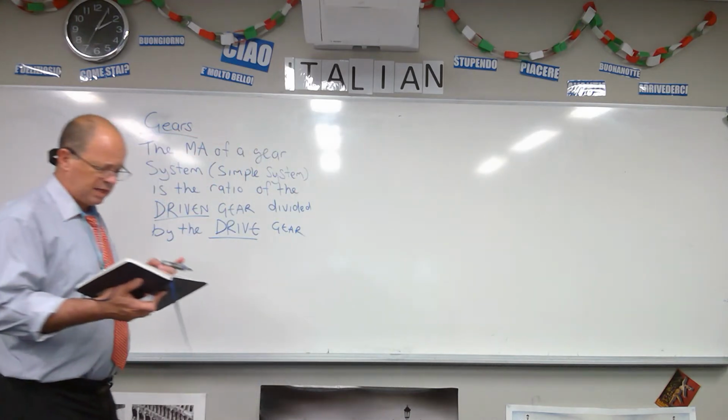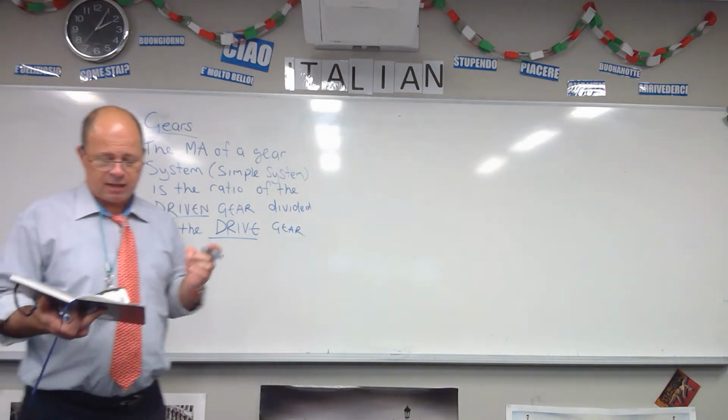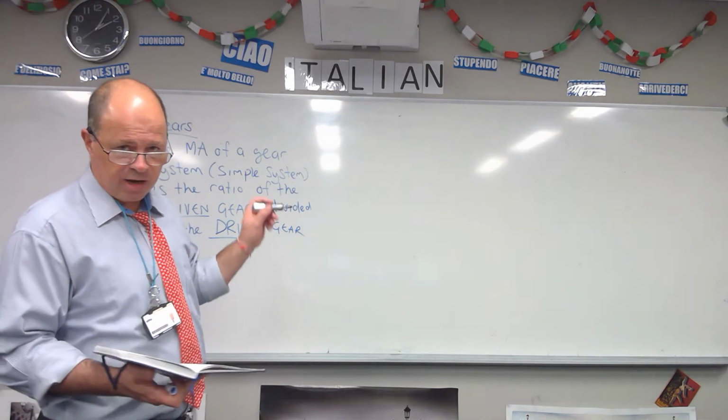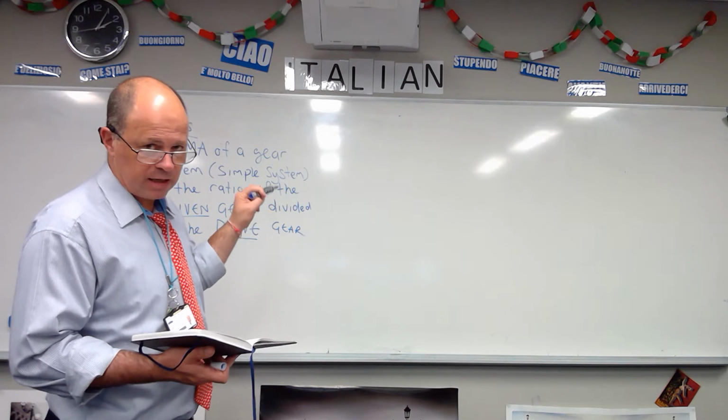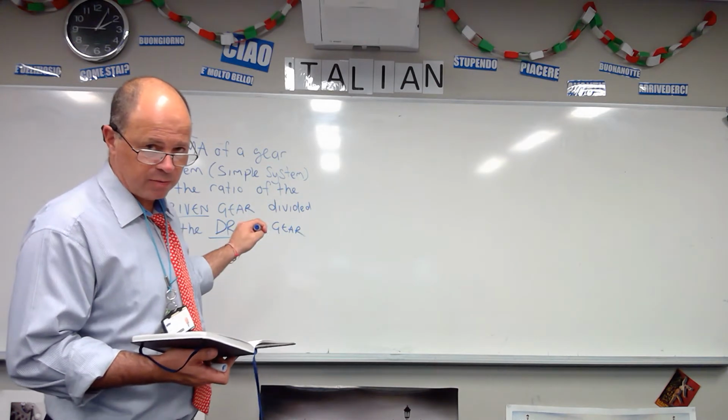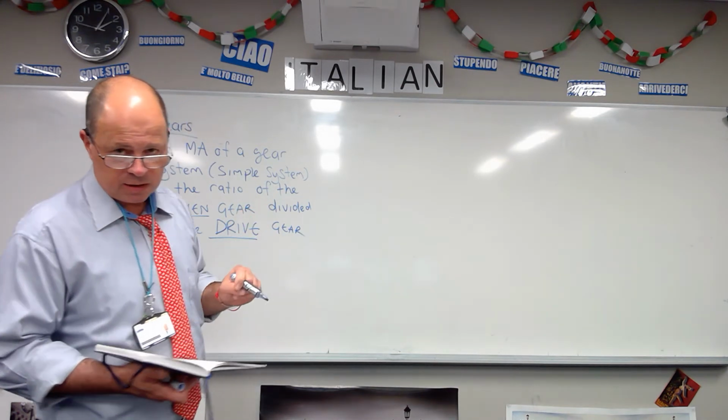So that's the first thing you need to understand. What is driven, what is drive? The drive one is the one with the motor attached to it that's pushing the other one around, okay? And the driven one's the one that's being propelled by the one that's connected to the engine.